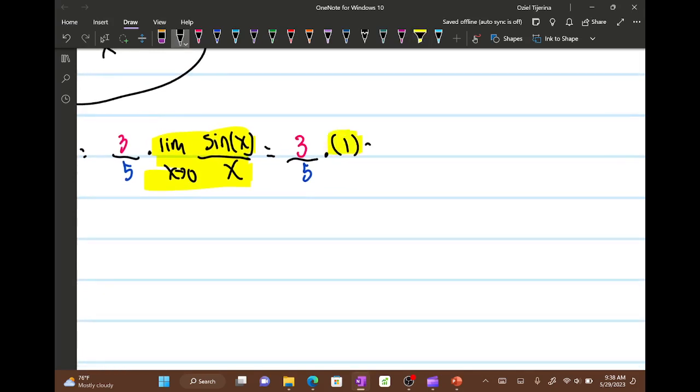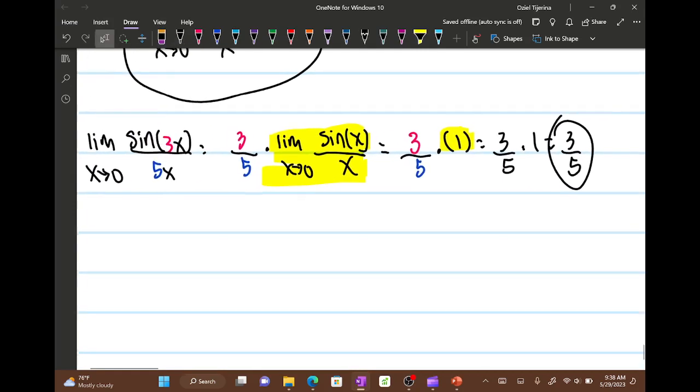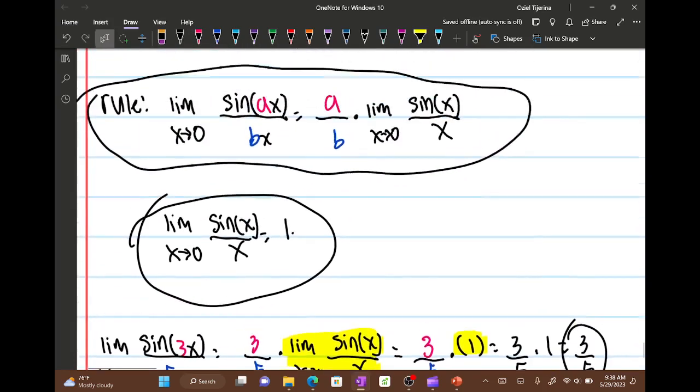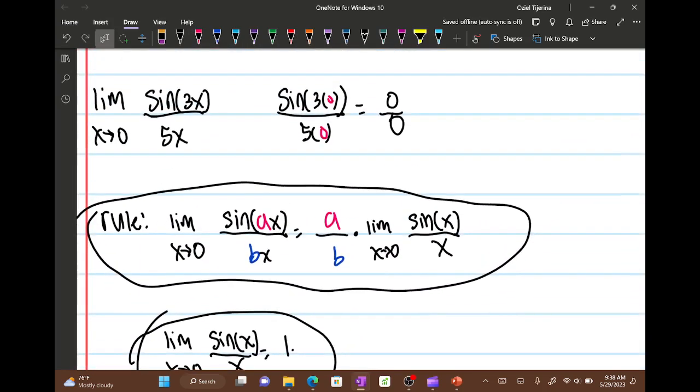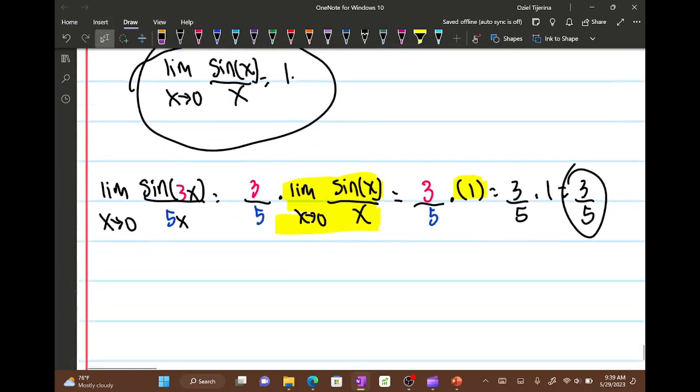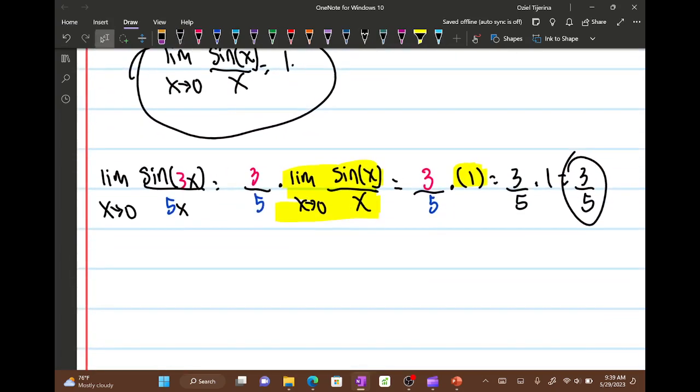Then this will be 3/5 times 1, and it'll just be 3 over 5. So that is the rule here that we have to remember. Just know that whenever there's a number here and a number here, that's basically the limit as x approaches 0 of this. That's the way that I remembered it when I was in Cal 1.